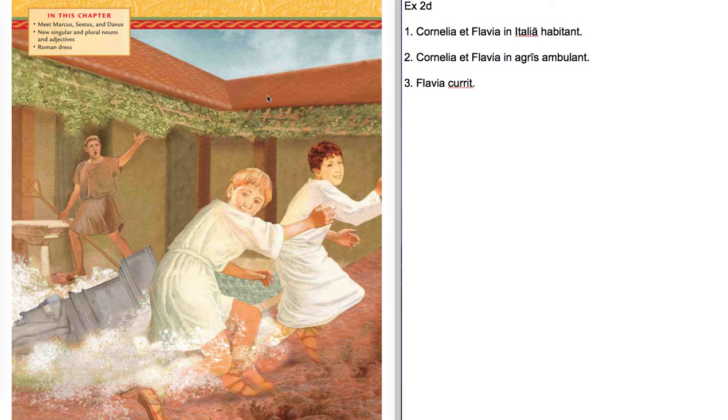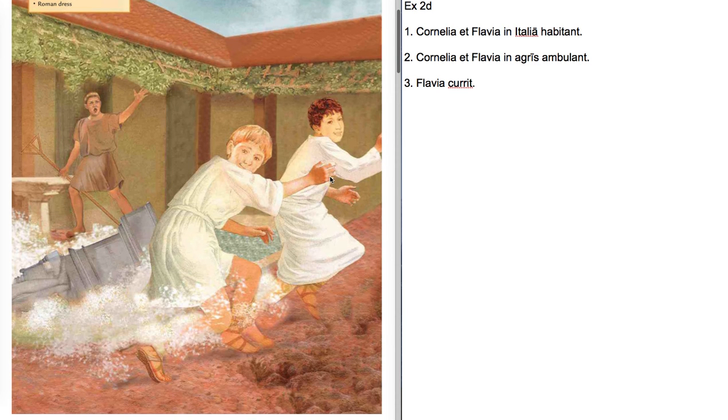It's called a peristylium, and usually there are columns and it's like a courtyard, surrounded by columns or statues, like a garden really, and also maybe a fountain or a small pond of some kind, like a fish pond. And that's what we see in this chapter here.